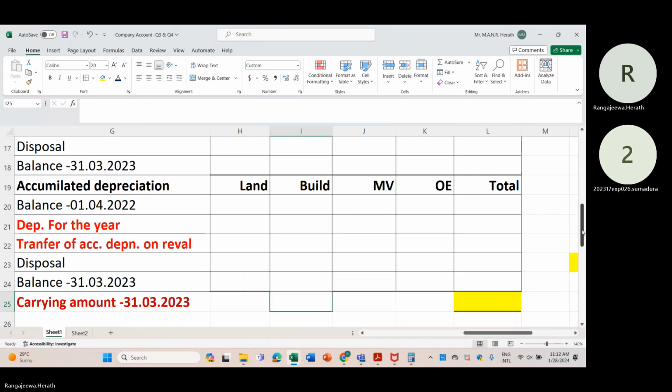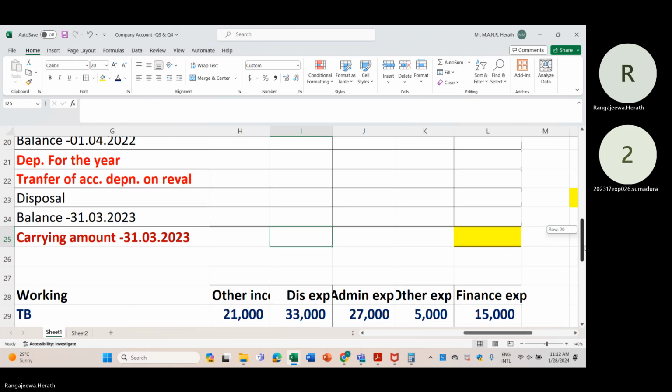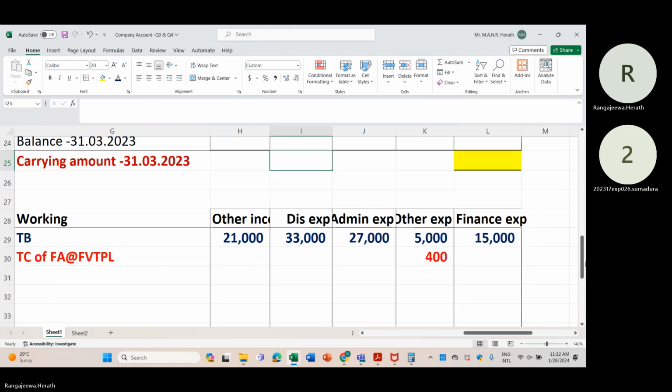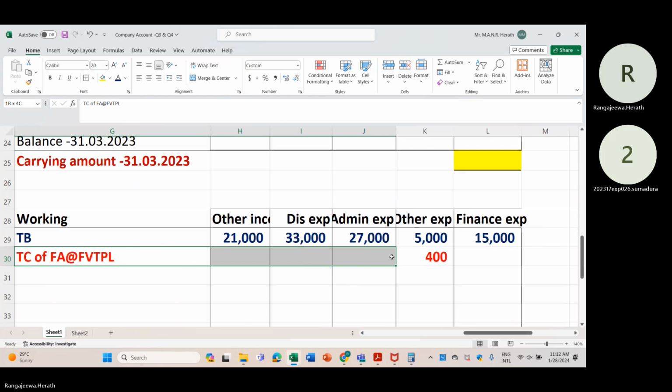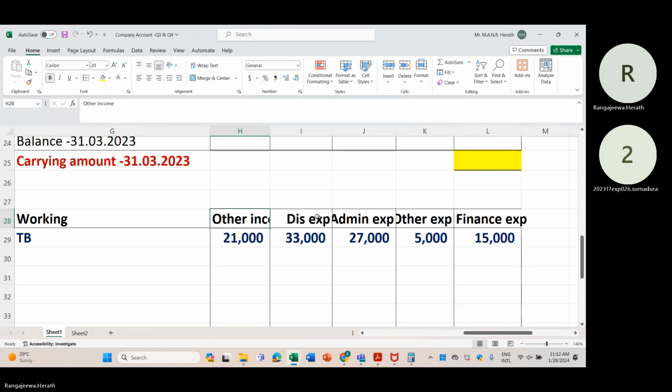Then finally, you can have the working. The working has other income, distribution expense, admin expense and other expense.